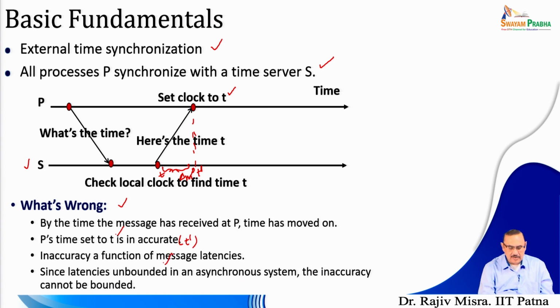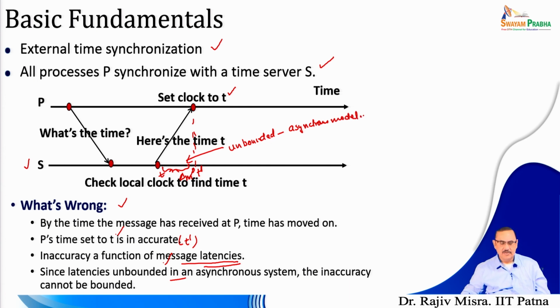This inaccuracy is a function of message latency. Since the latencies are unbounded in an asynchronous system, the inaccuracies cannot be bounded. This message delay is often unbounded because we have considered an asynchronous model, which was stated in the previous slides.